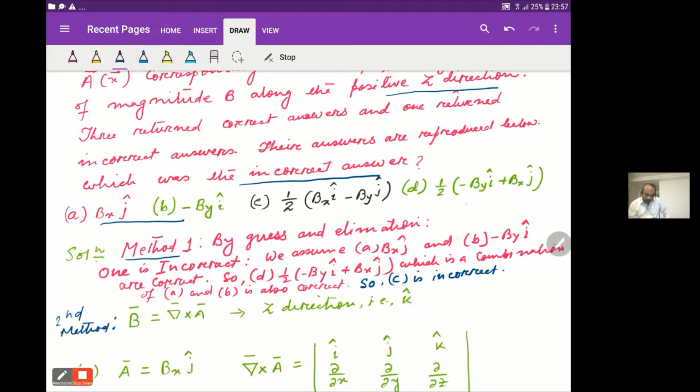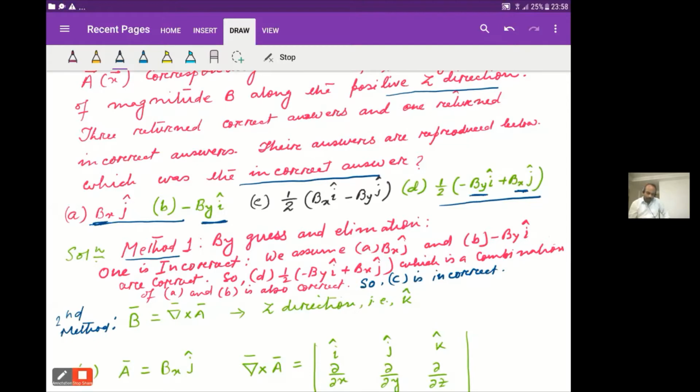We get option D, that means minus By i and Bx j. So therefore, we can guess that C, which is half Bx i cap minus By j cap, is the incorrect answer. This is the shortcut way.